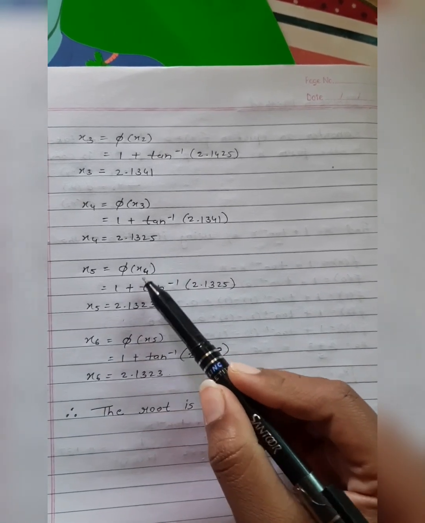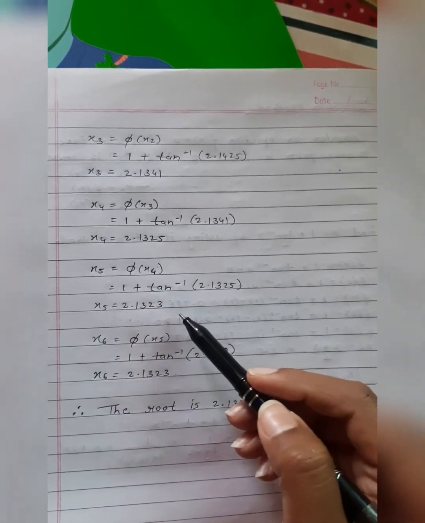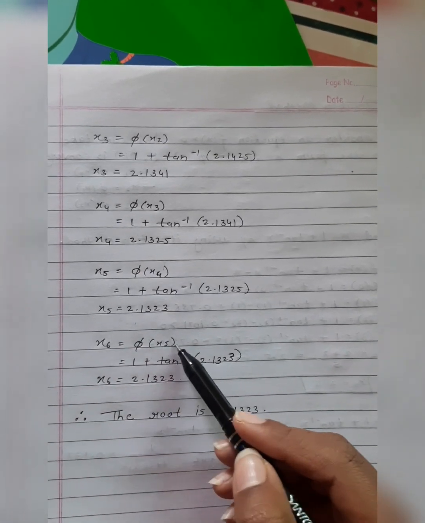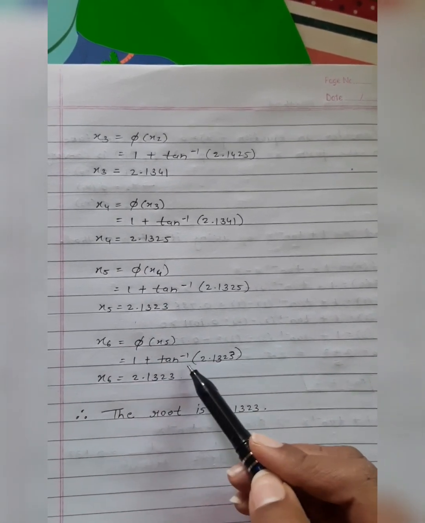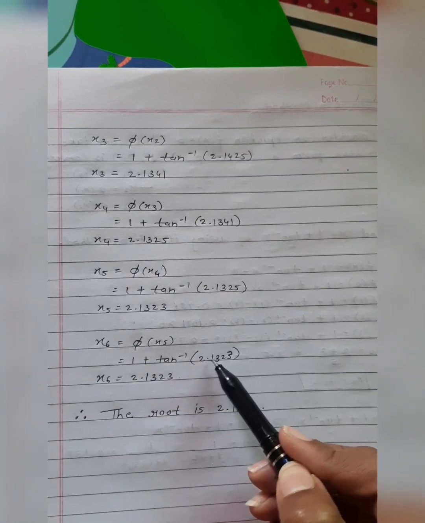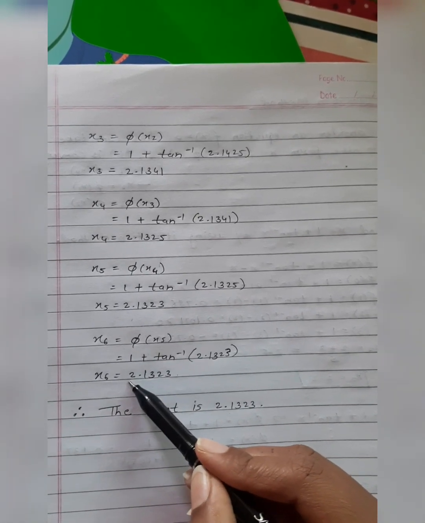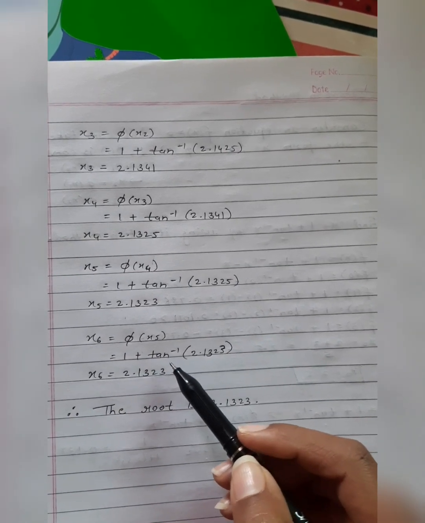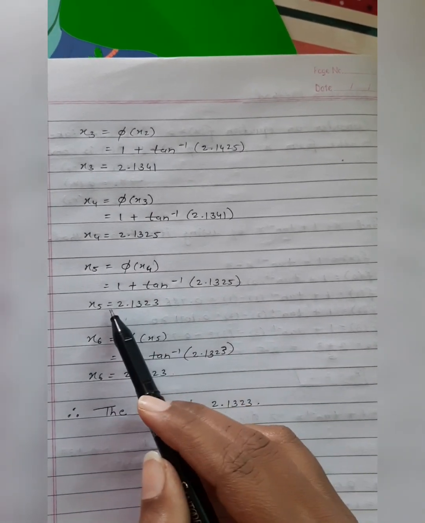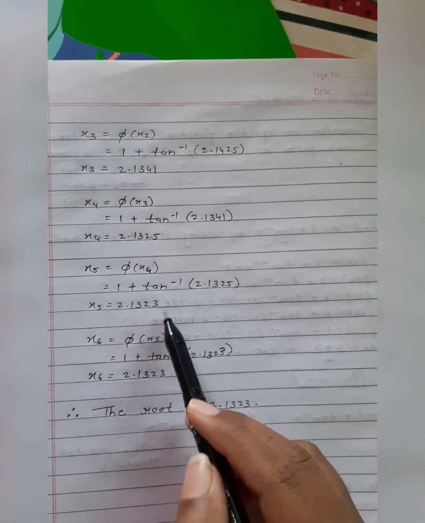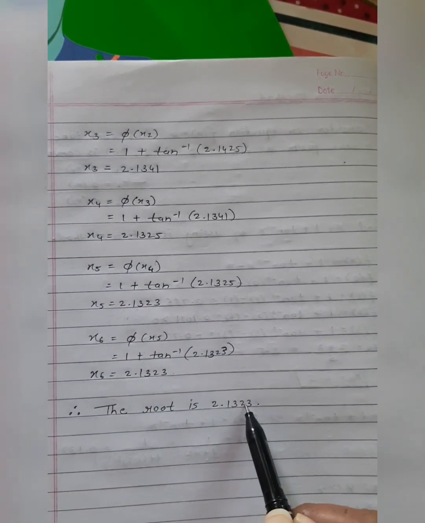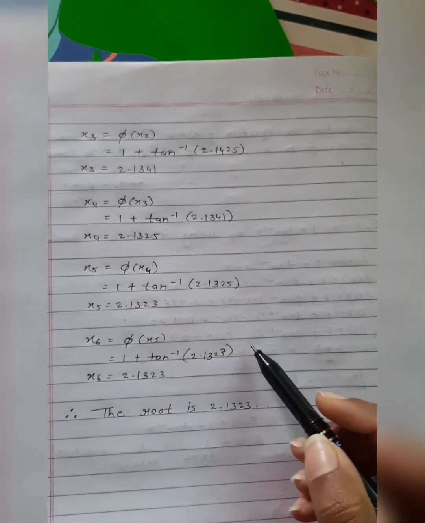The 3 decimals match, so we have to take another iteration. x6 equals phi of x5 equals 1 plus tan inverse of 2.1323. So x6 equals 2.1323. So here the 4 decimal places match. So the root is 2.1323. This is the iteration method.